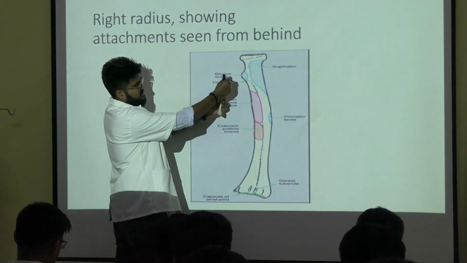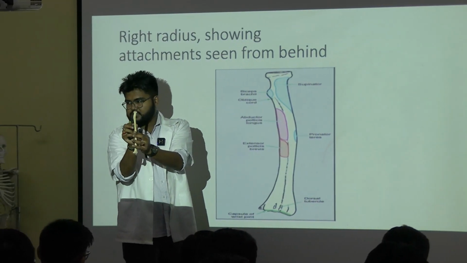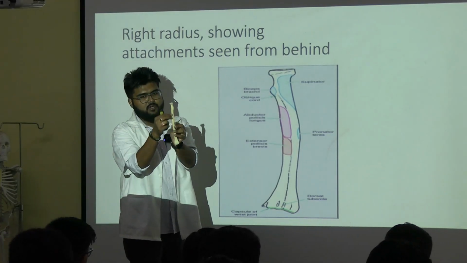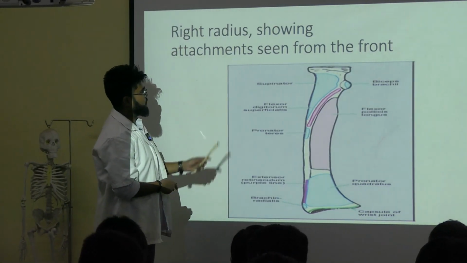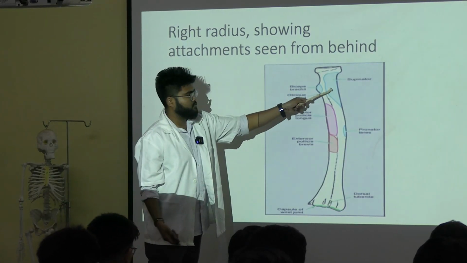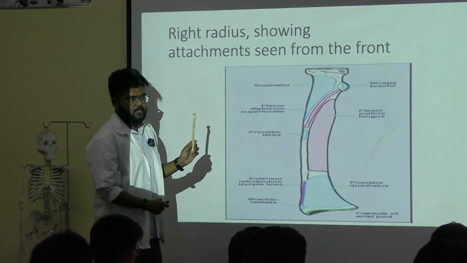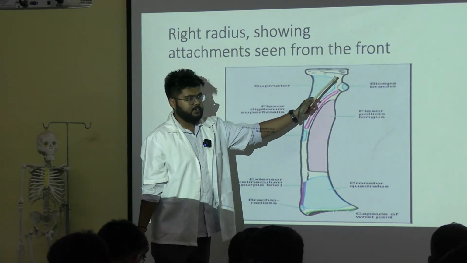So the muscle is attached like this, and you see the supinator from both views, in front and behind. First is the biceps brachii, which is attached to the radial tuberosity.